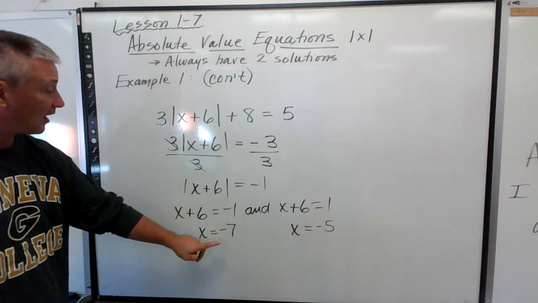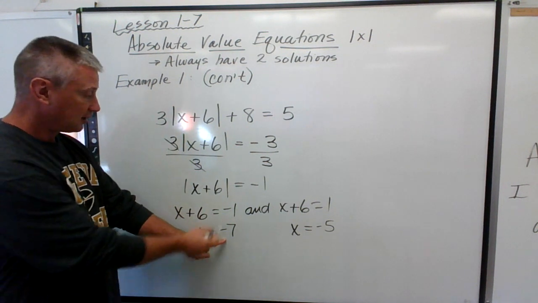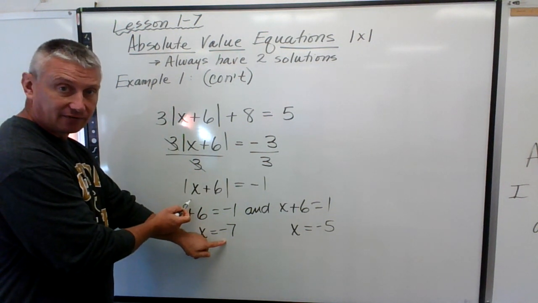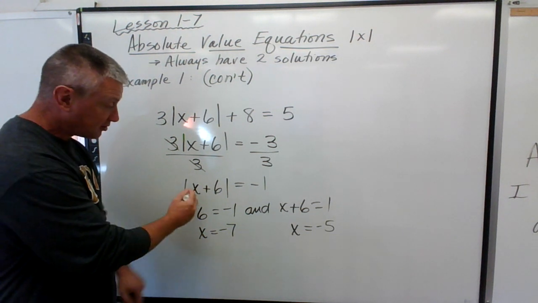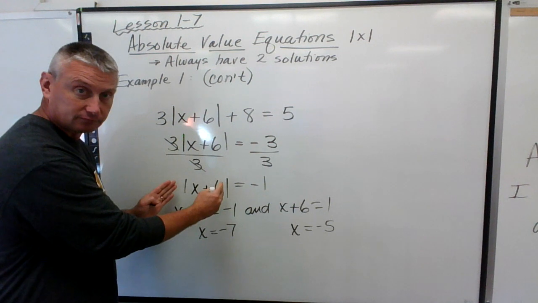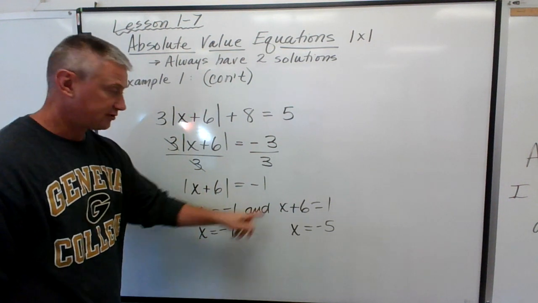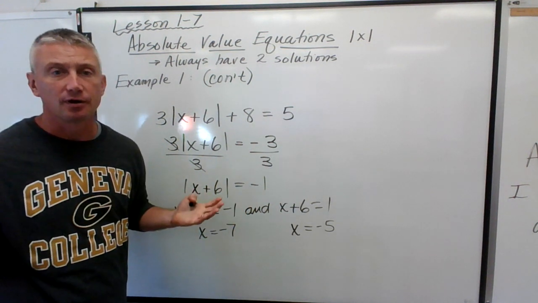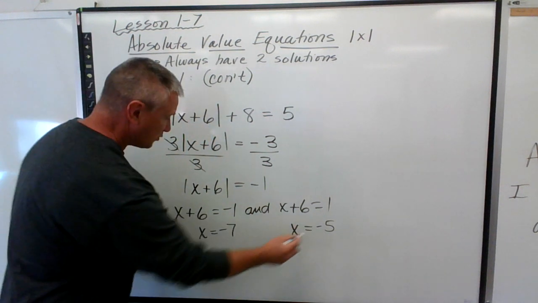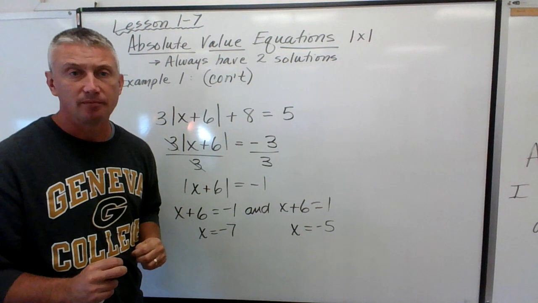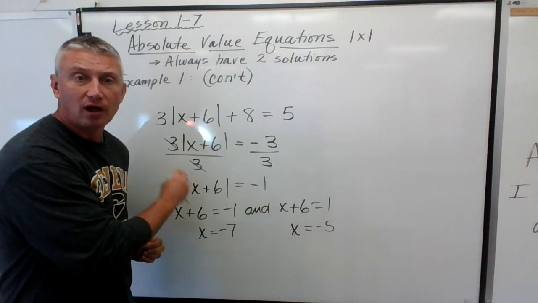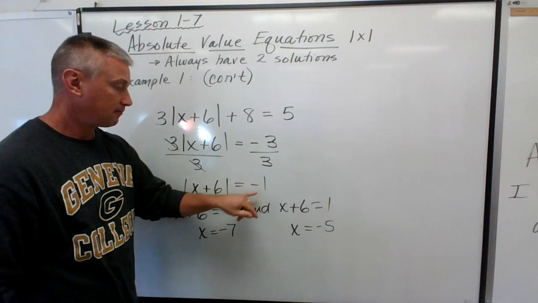Now, if I take this and place it in here, negative 7 plus 6 is negative 1. The absolute value of negative 1 is 1. It's not negative 1. It doesn't work. If I put this one in here, negative 5 plus 6, I get positive 1. The absolute value of 1 is not negative 1.